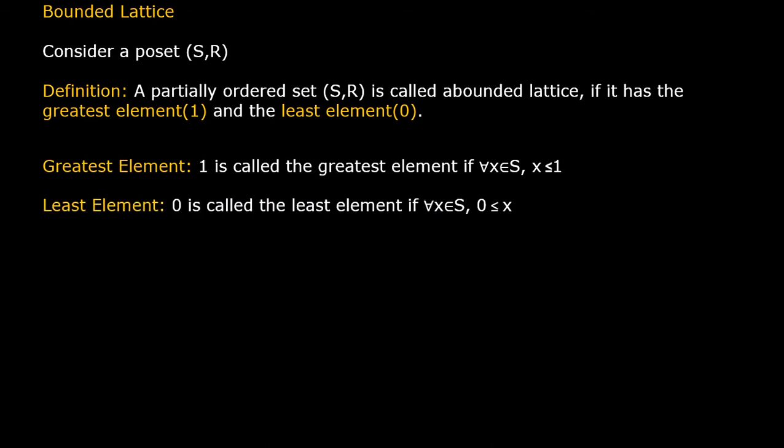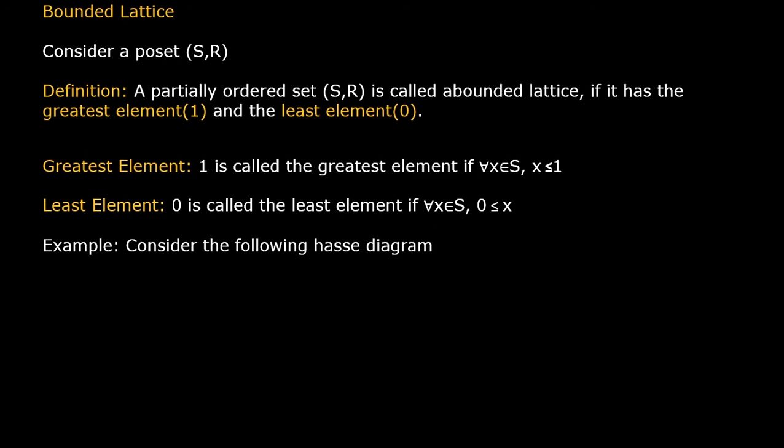What is a least element? A least element, denoted by 0, is an element such that for all x that belong to set S, 0 is less than or equal to x, or in other words, that particular arbitrary element is less than all other elements of the set S.